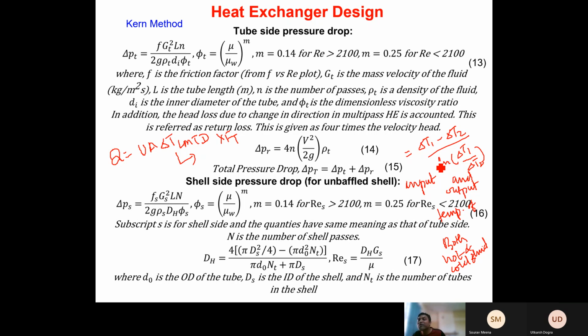Once you have the heat exchanger, you can find out the output temperature. But when your heat exchanger is not at all there, you are designing the entire plant. You don't know the output temperature of the heat exchanger, isn't it? Do you agree with me? Yes, sir. So how can you design then with this method? Tell me. If you don't know the outlet temperature, then how are you going to design?